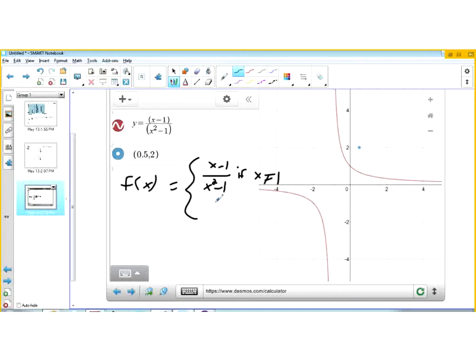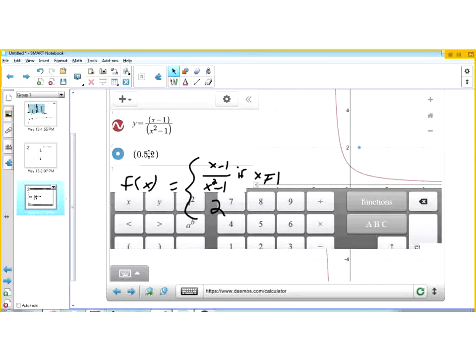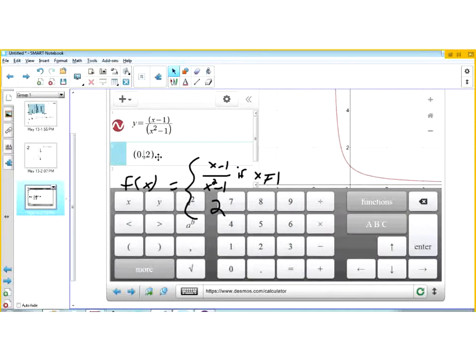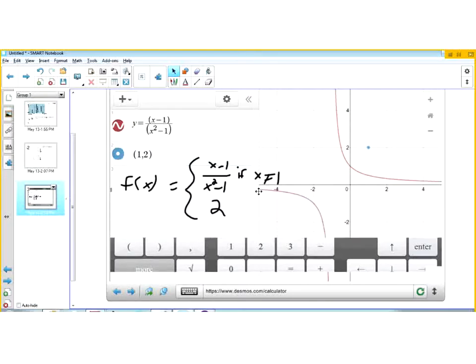All right? Otherwise, it's equal to 2. Oops, I need to make an adjustment here. I got the wrong point plotted. Let me make that 1. Okay. All right.